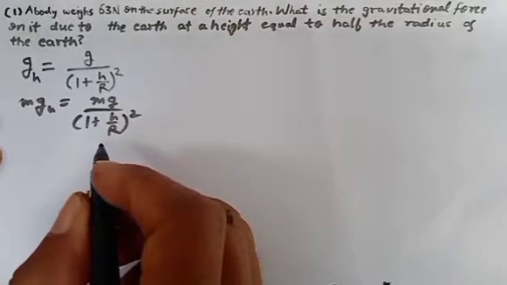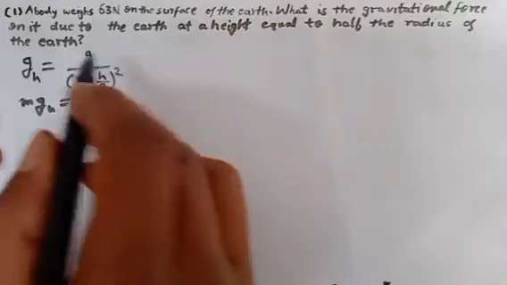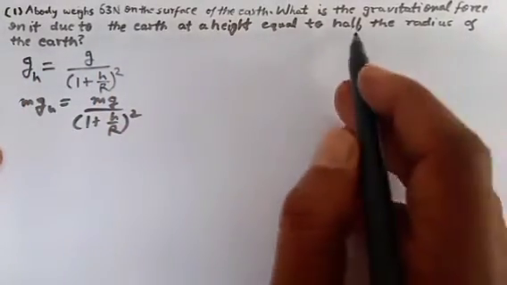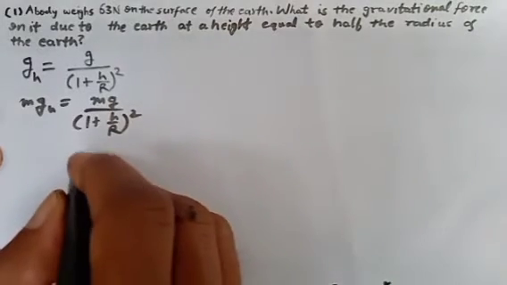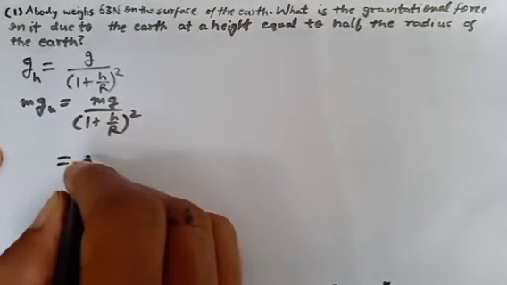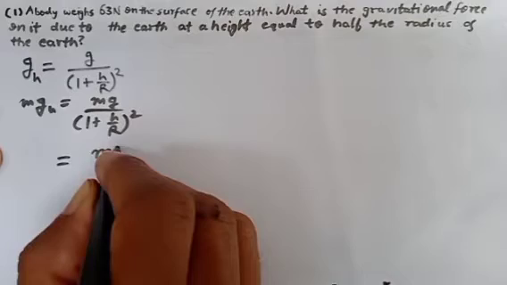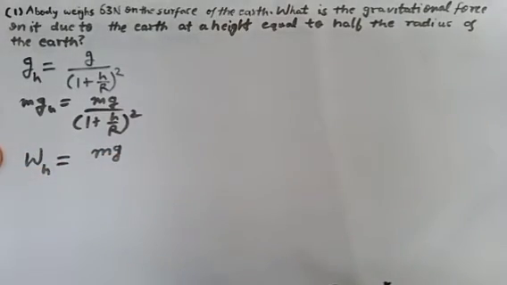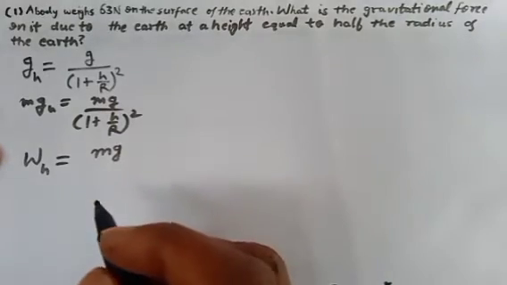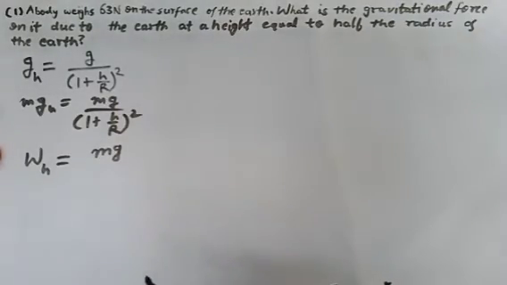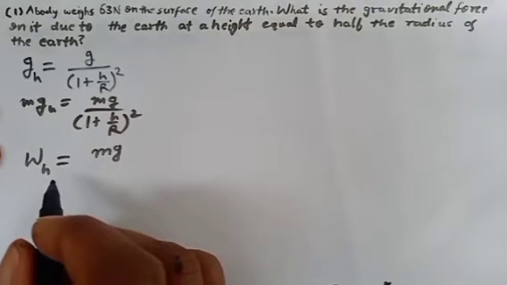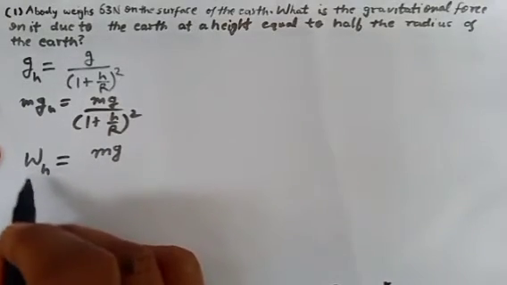And here height equal to half the radius of earth. So it's so simple. Here I am writing weight at a height h, so no issue. Actually, as we are doing with g, so also with W. So we haven't studied this formula.